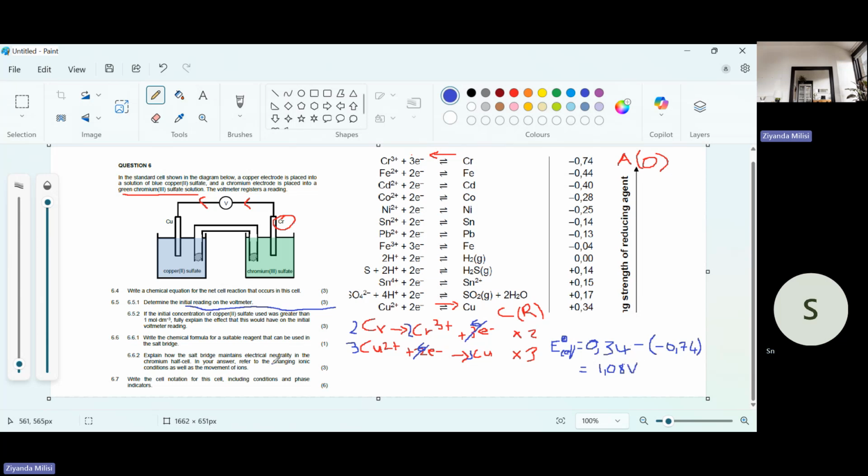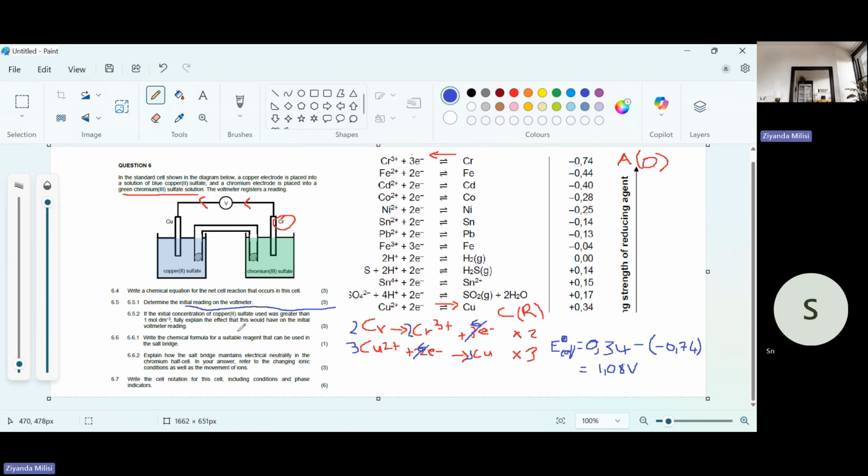All right. Now 6.5.2. If the initial concentration of copper sulfate used was greater than 1 mole per dm cube. Okay, we've got now a higher concentration of copper sulfate.